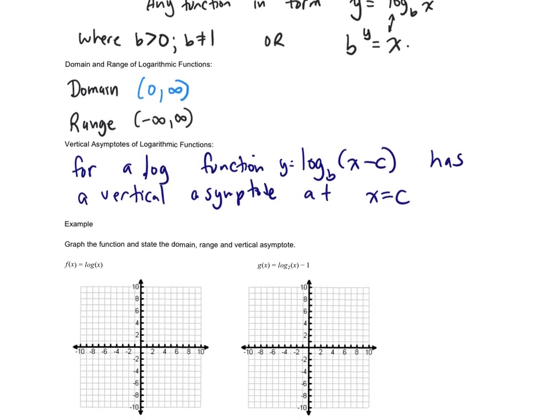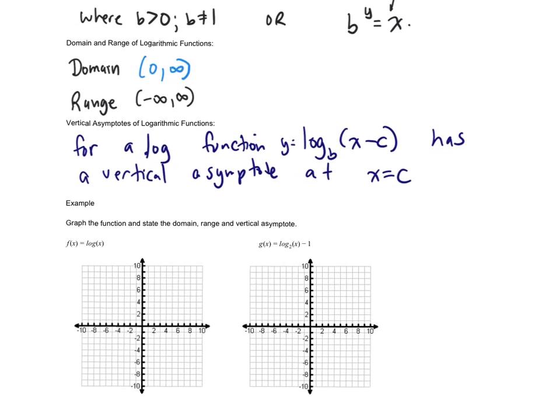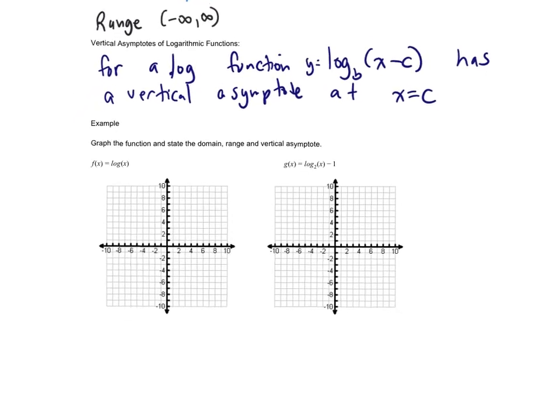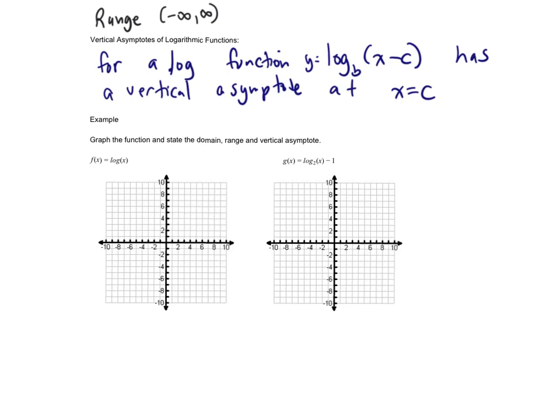So when we look at these two functions, the graph of log of x and the graph of log base 2 of x minus 1, there's nothing in it. So for both of these, they're just going to have vertical asymptotes of 0. We also know the range for both. Range is going to be negative infinity to infinity because every log function has that for its range.